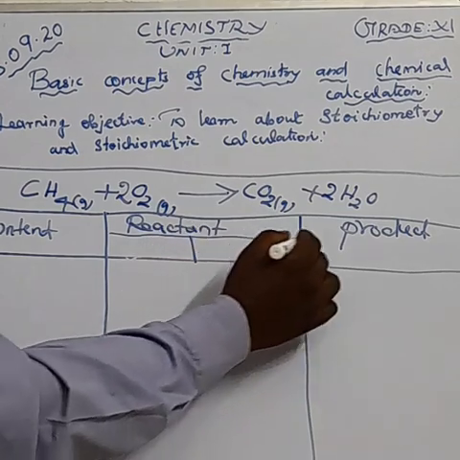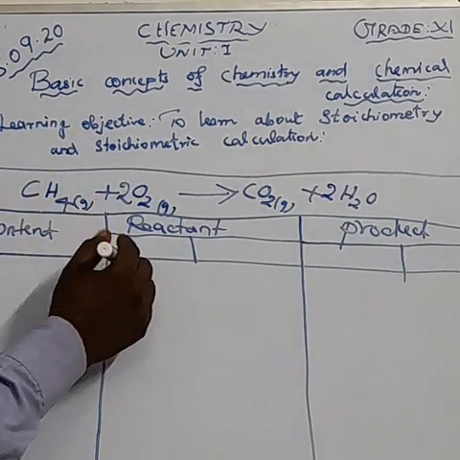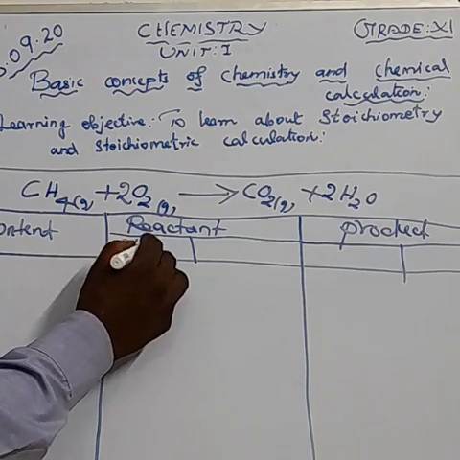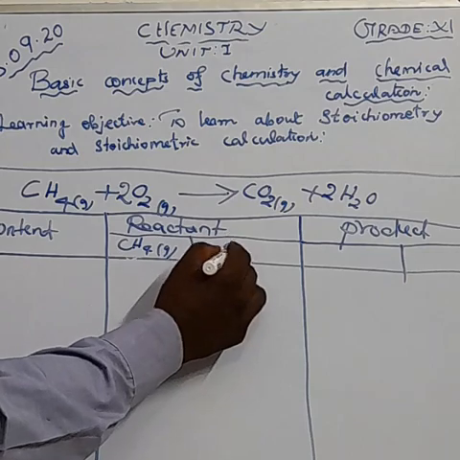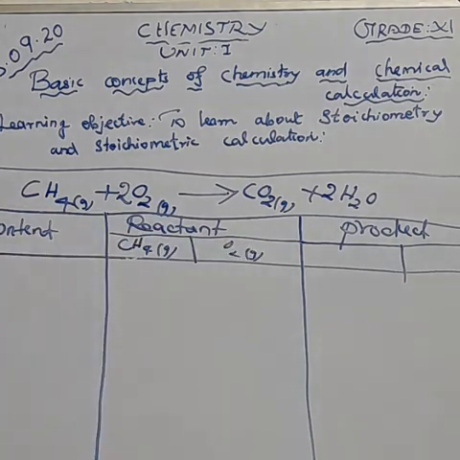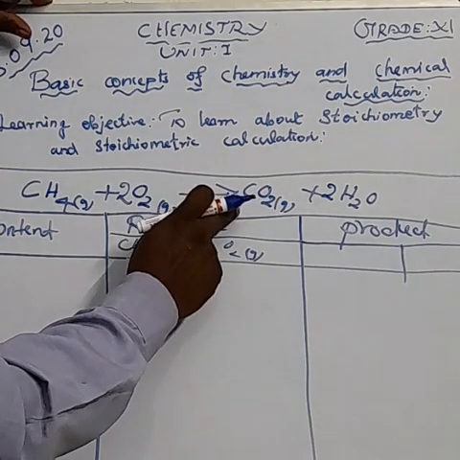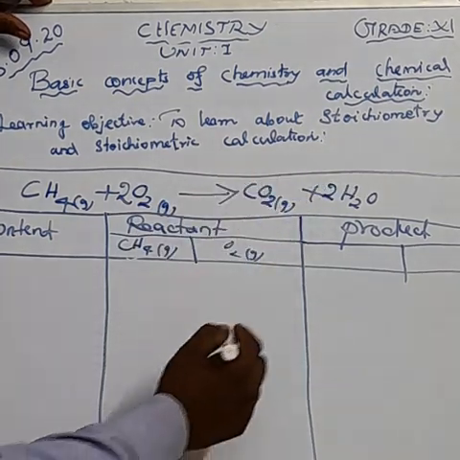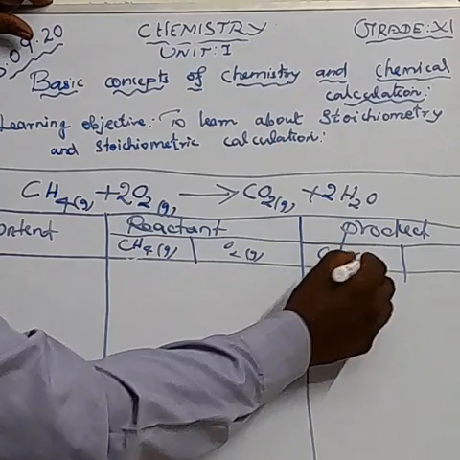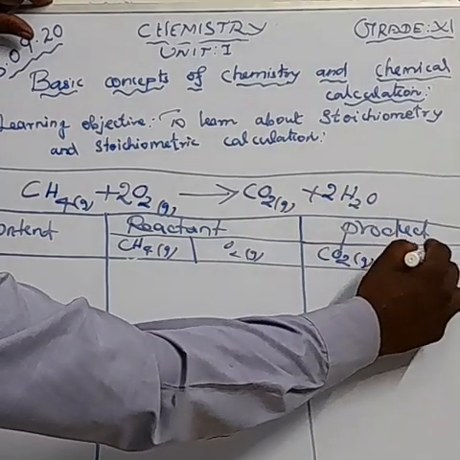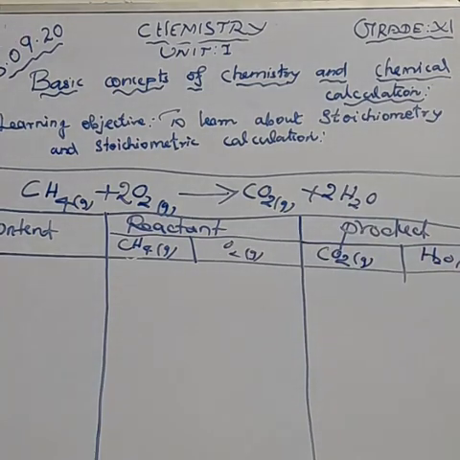First we write methane, CH4 gas. Next reactant is oxygen, O2 gas. Second, the products: carbon dioxide, CO2 gas, and water, which is also in vapor state.